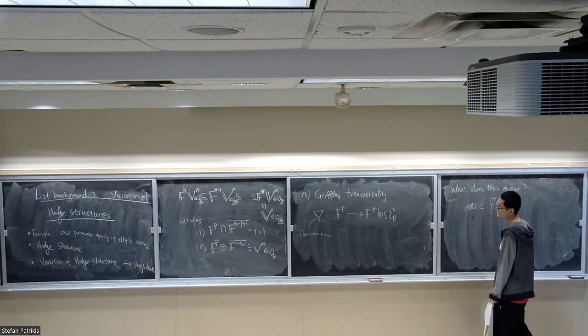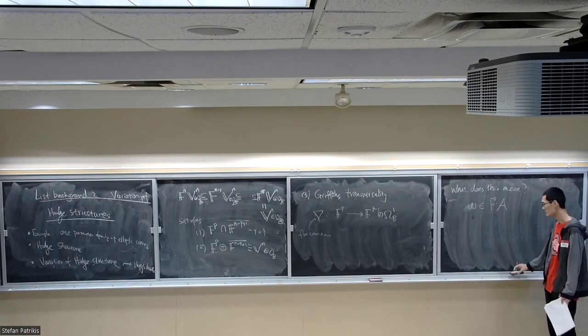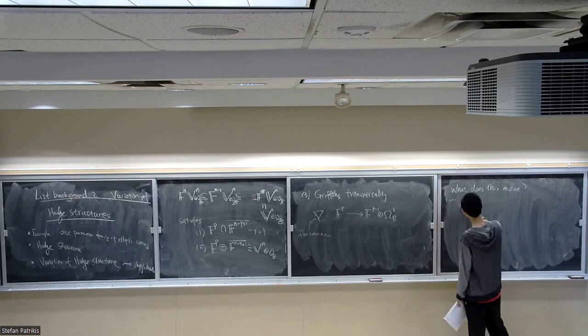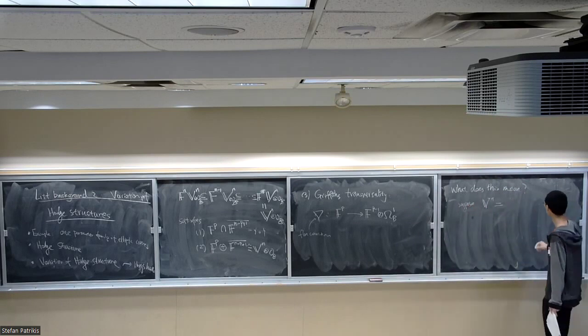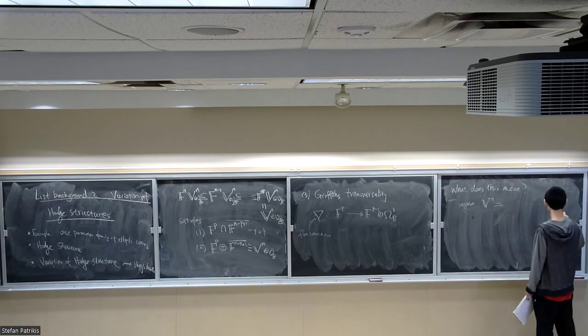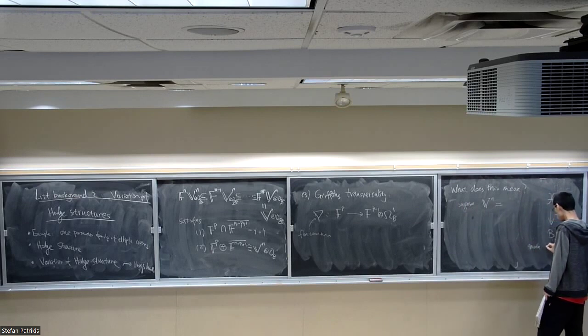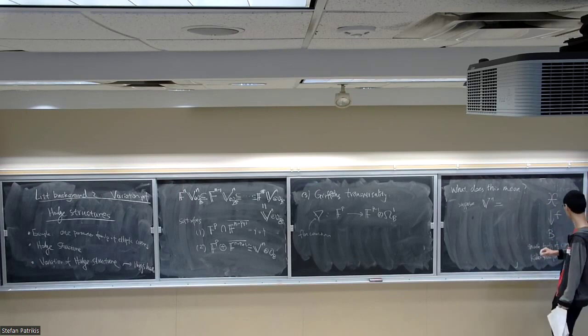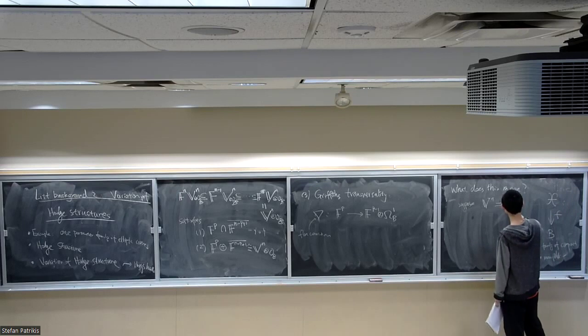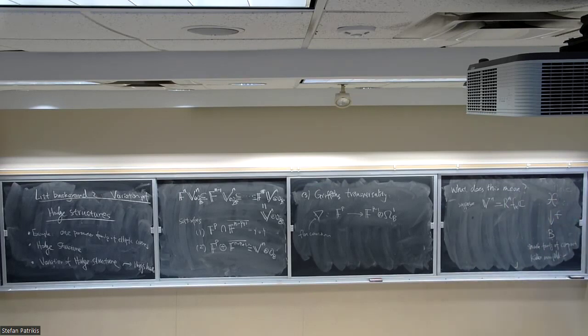I have said that this setup comes from a deformation of complex manifolds. Suppose V_n comes from geometry, in the sense that you have a smooth proper family of compact Kähler manifolds. So your V comes from R^n f_* tensor C.